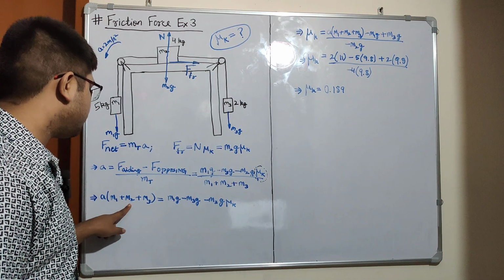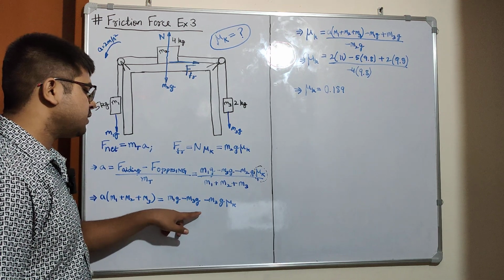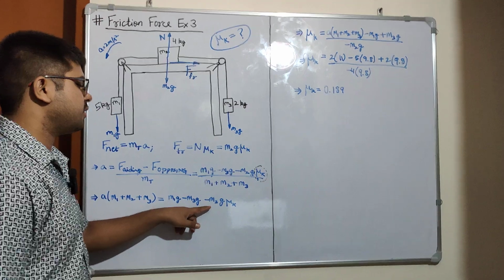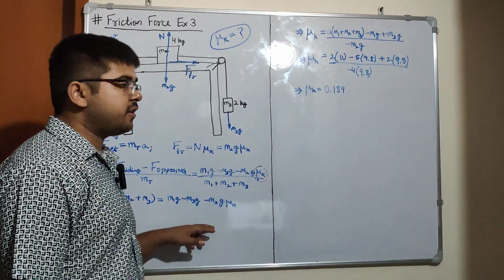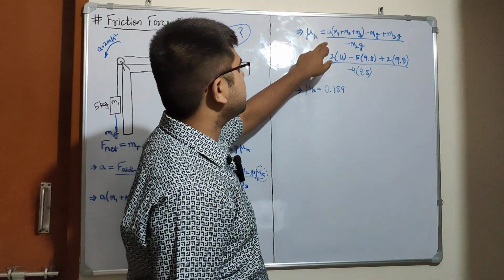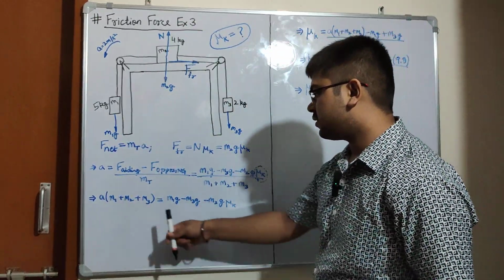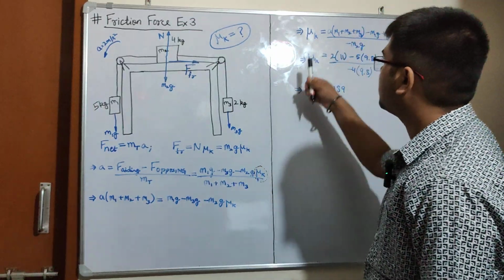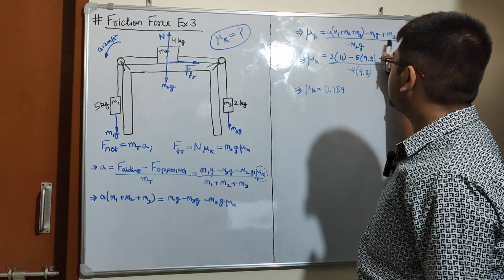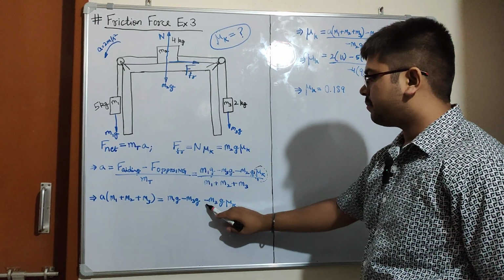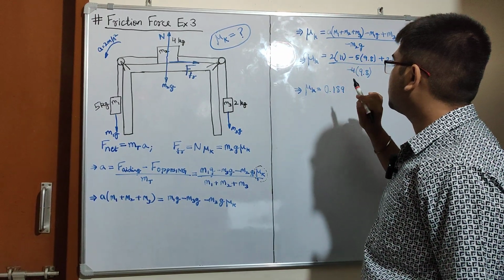A times (m1 plus m2 plus m3) equals m1g minus m3g minus m2g μk. Now μk I have to isolate, so μk is equal to A times (m1 plus m2 plus m3), this whole term, minus m1g plus m3g, divided by minus m2g.